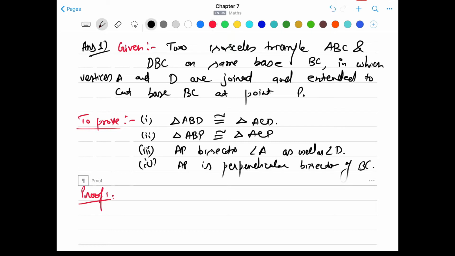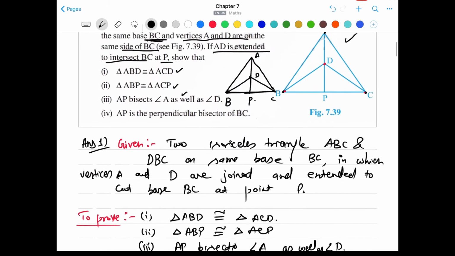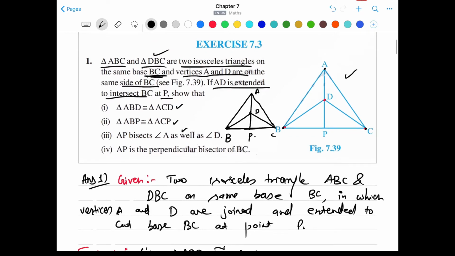Proof 1: we have to prove that triangle ABD is congruent to triangle ACD. First locate the two triangles. ABD is this triangle, and ACD is this one.